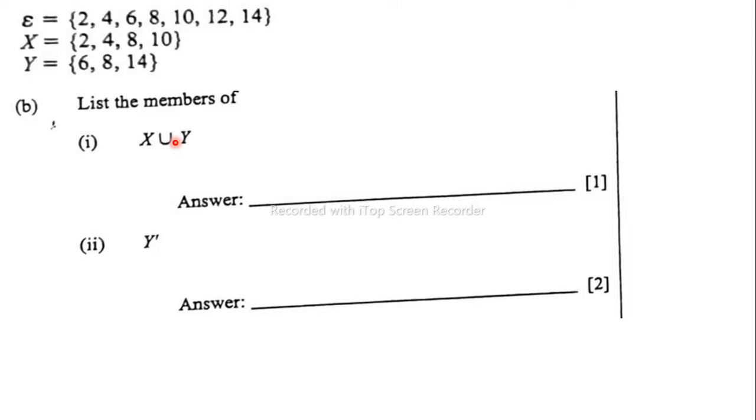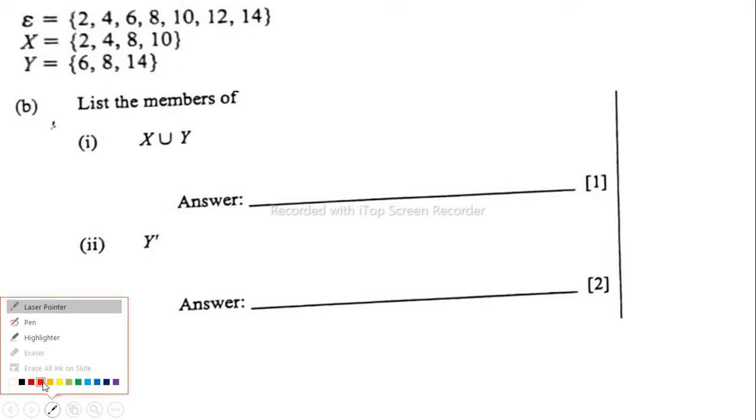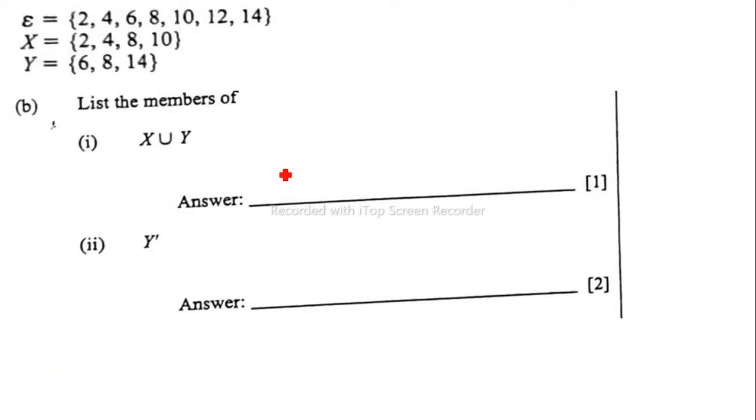The numbers in set X and set Y combined, without repeating. Okay. So here, are we going to use curly brackets, Cooper? Yes, sir, because we're listing the members of the set. So we have to use curly brackets.